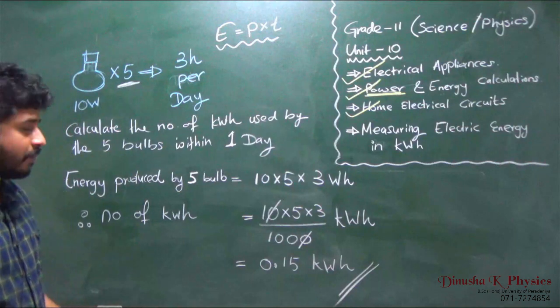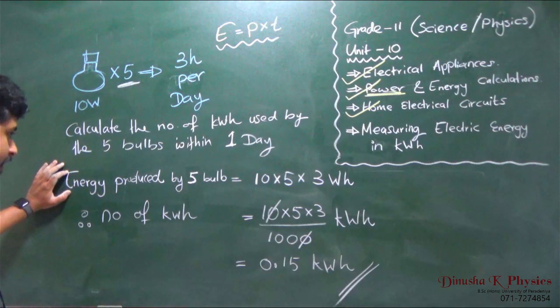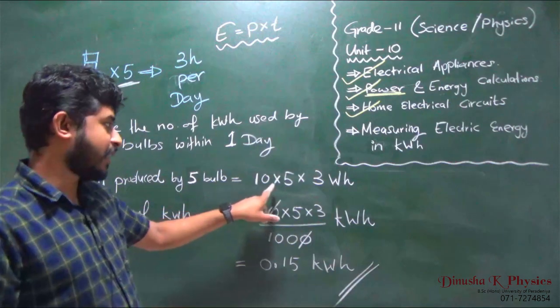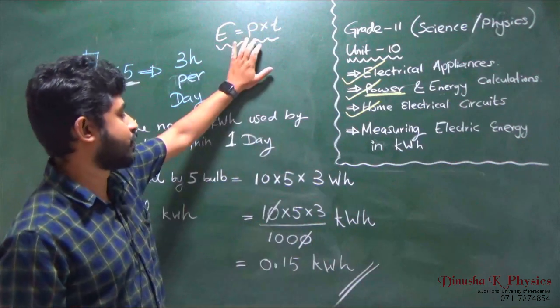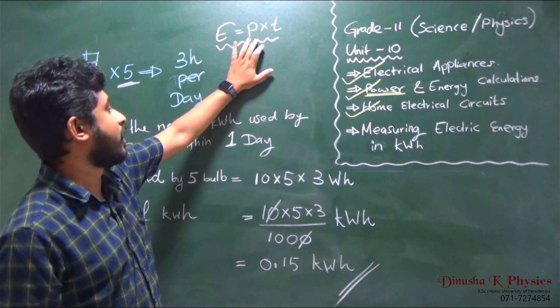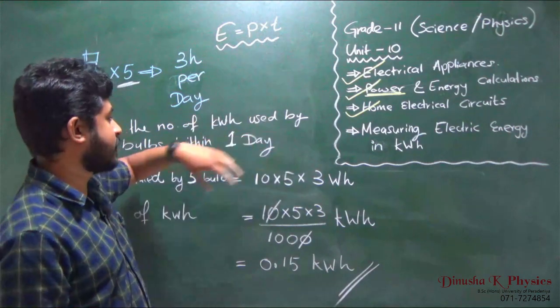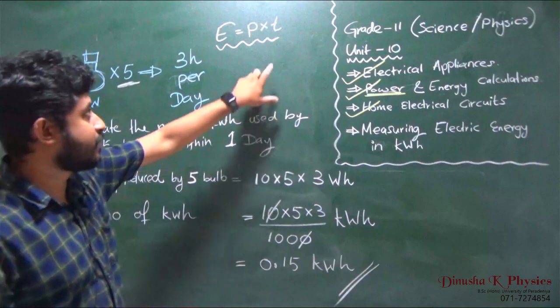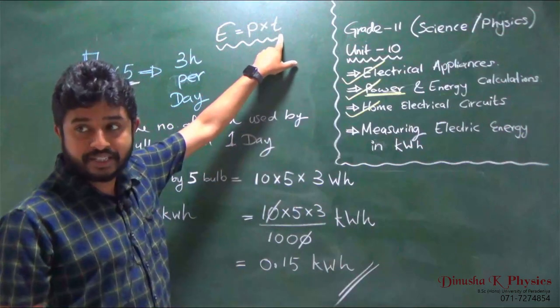So the energy produced by 5 bulbs will be 10 times 5, which means the total power, and it is used for 3 hours.